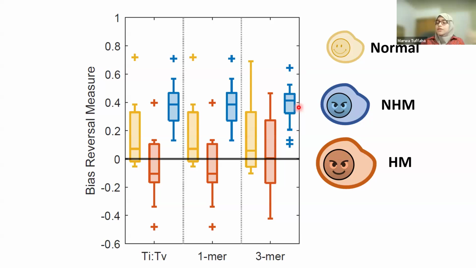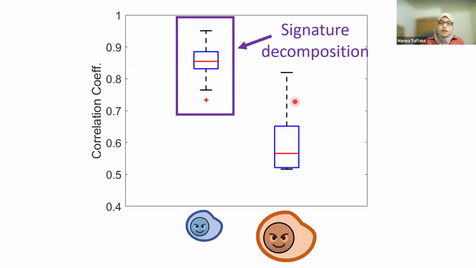So we wanted to see what kind of mechanism can reverse the bias and cause this. Because these were very similar, we compacted them into one spectrum, called it the non-hypermutators spectrum, and performed signature decomposition based on the COSMIC single base substitution signatures.